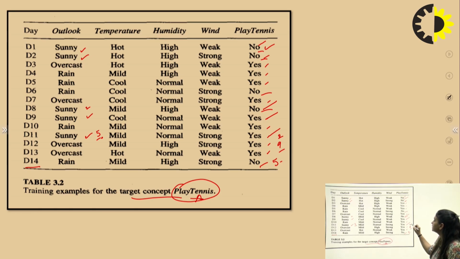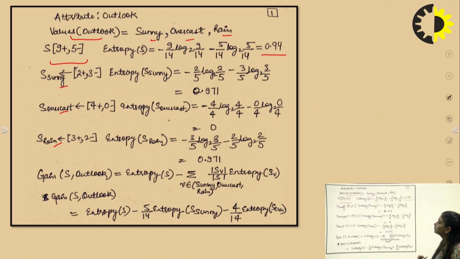So 2 times yes and 3 times no. Here we write [2+,3-], and in a similar fashion we will calculate the entropy. Similarly, we will calculate the entropy for overcast and for rain.